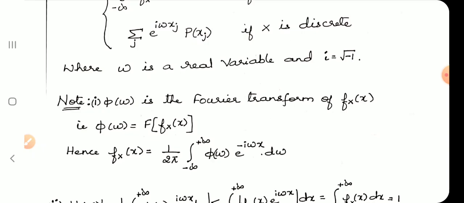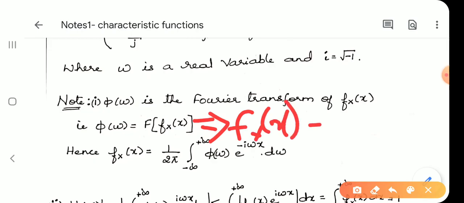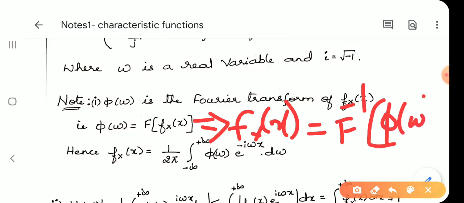Now let us see the important points which we have to remember regarding characteristic functions. Note number 1. Phi of omega is the Fourier transform of f_X of x. Implies, if we have to find the value of f_X of x, we need to find the inverse Fourier transform of phi of omega.